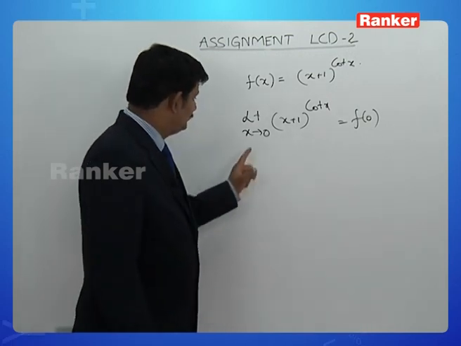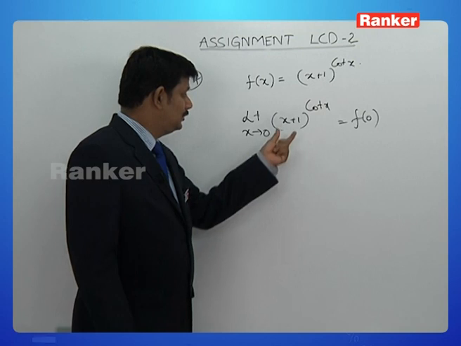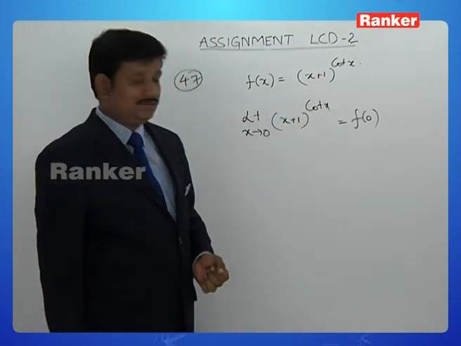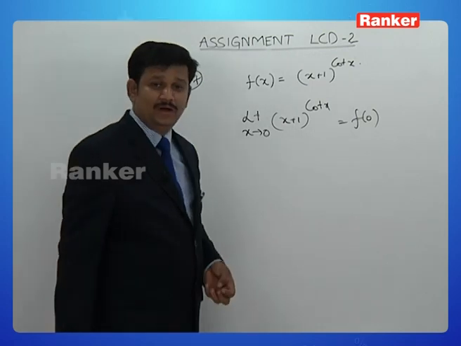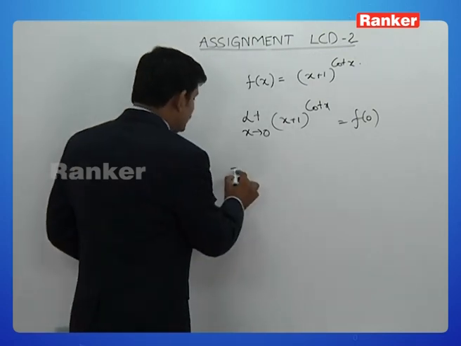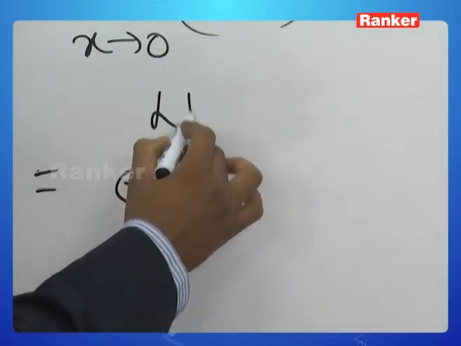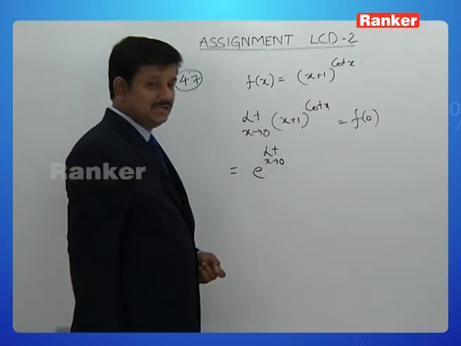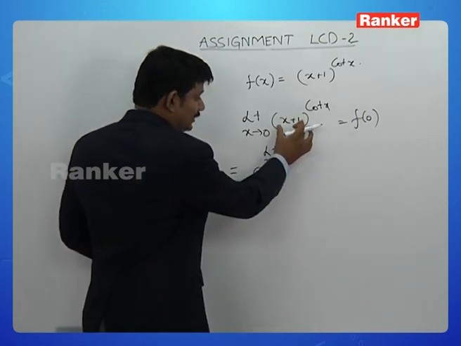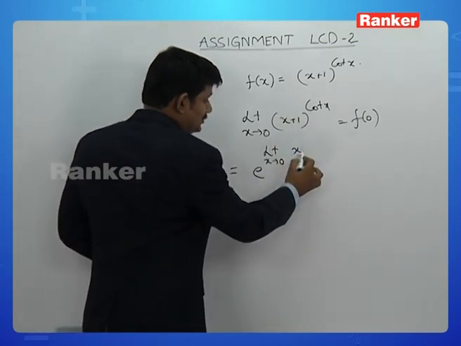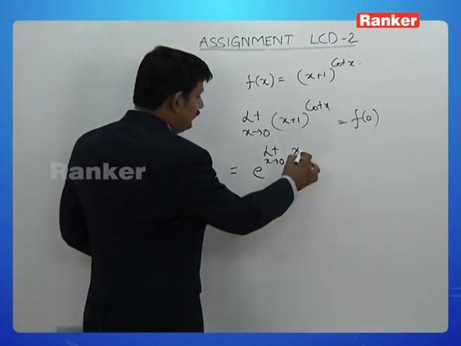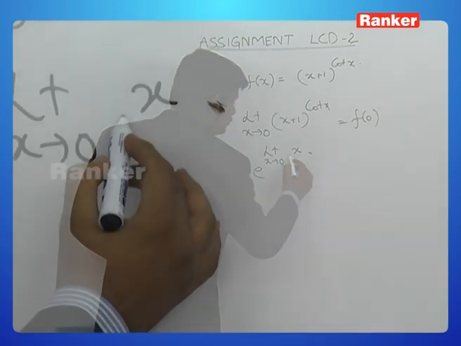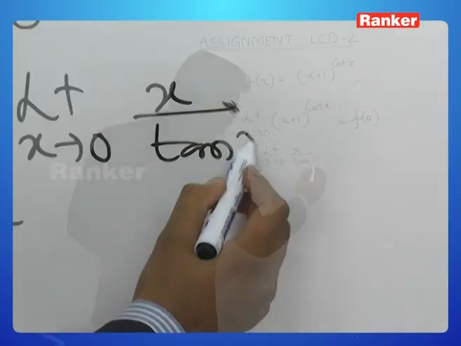Observe this limit: as x tends to 0, x plus 1 is 1, cot x is infinitely large. This is the 1 power infinity form, and we can write it as e power limit x tending to a, that is 0 in this case, of (f of x minus 1) into g of x. x plus 1 minus 1 is x, into cot x, or I can also write this as divided by tan x.